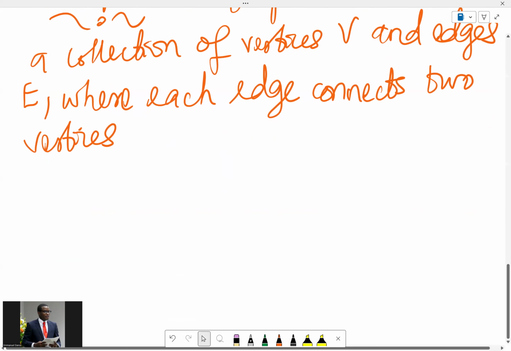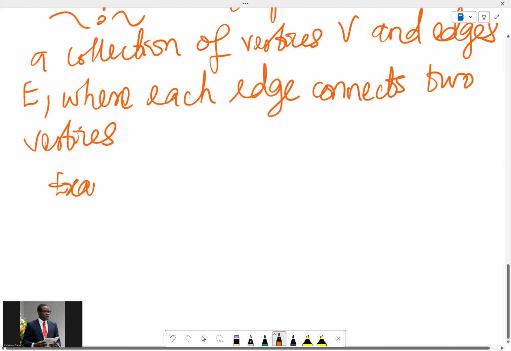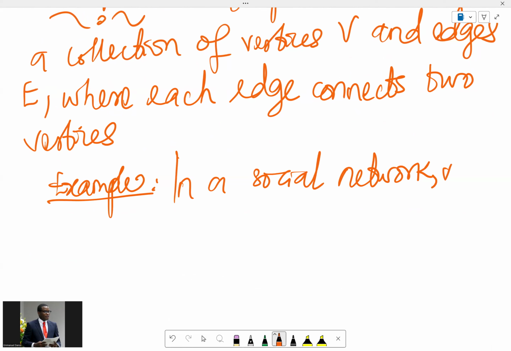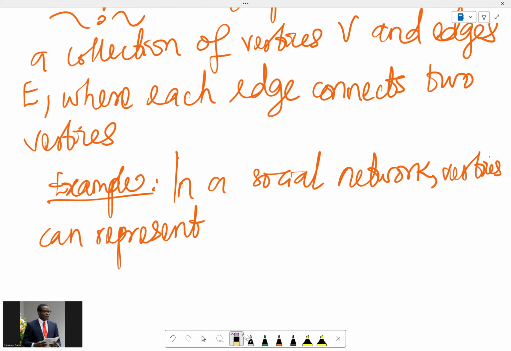A very good example, like I mentioned before, is a social network. Vertices can represent people. For instance, on Facebook, I am a vertex, and other friends that I have are also vertices.